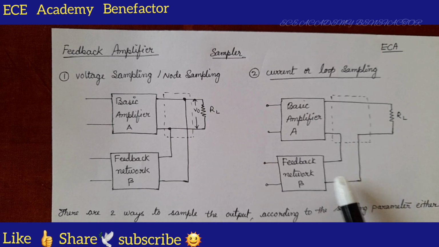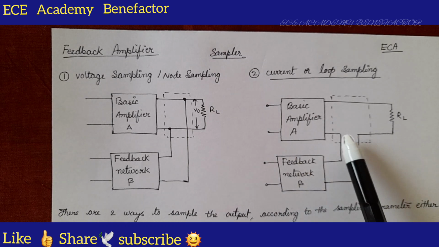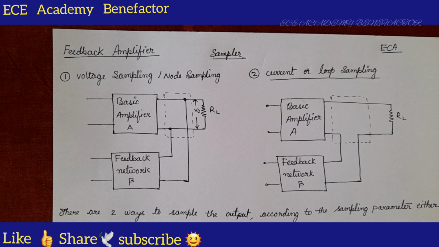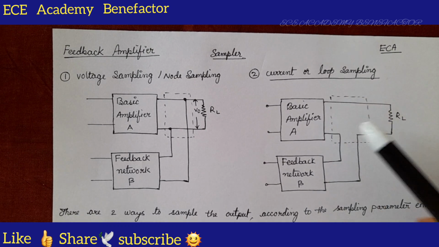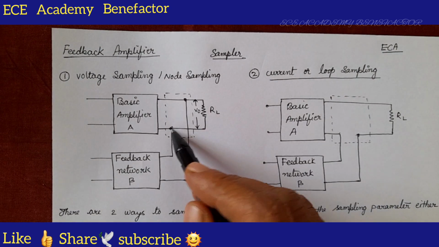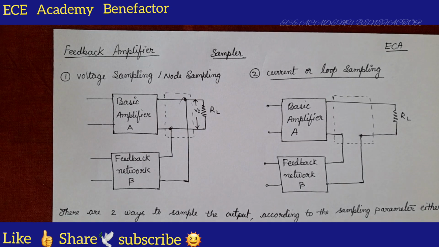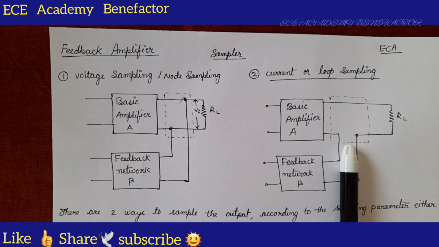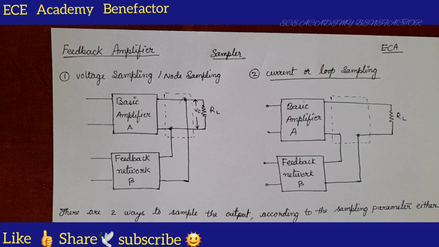In current sampling, the feedback network is connected in series across the output. So, this is a series connection, and this is the shunt connection. Shunt connection is voltage or node sampling, series connection is current or loop sampling.